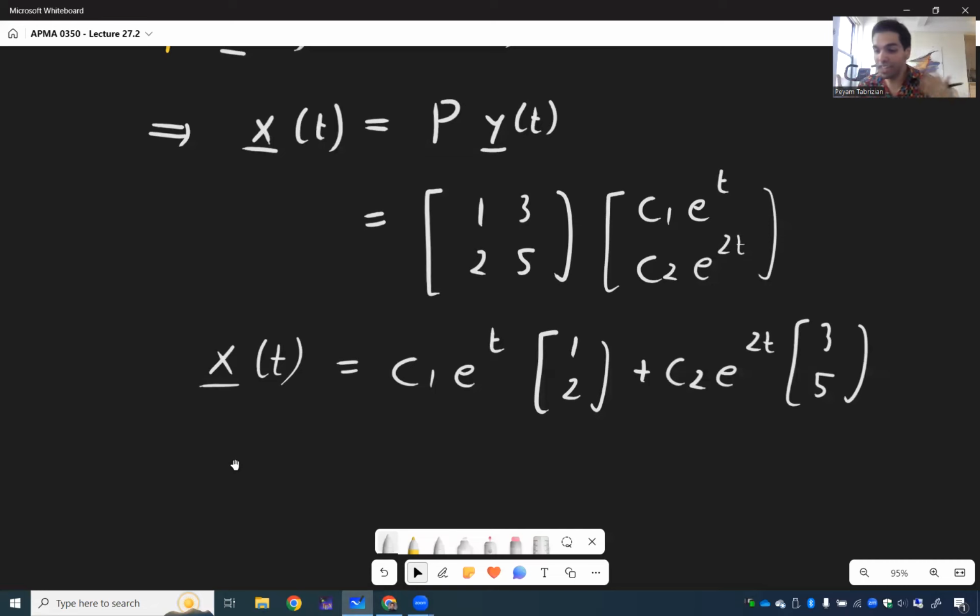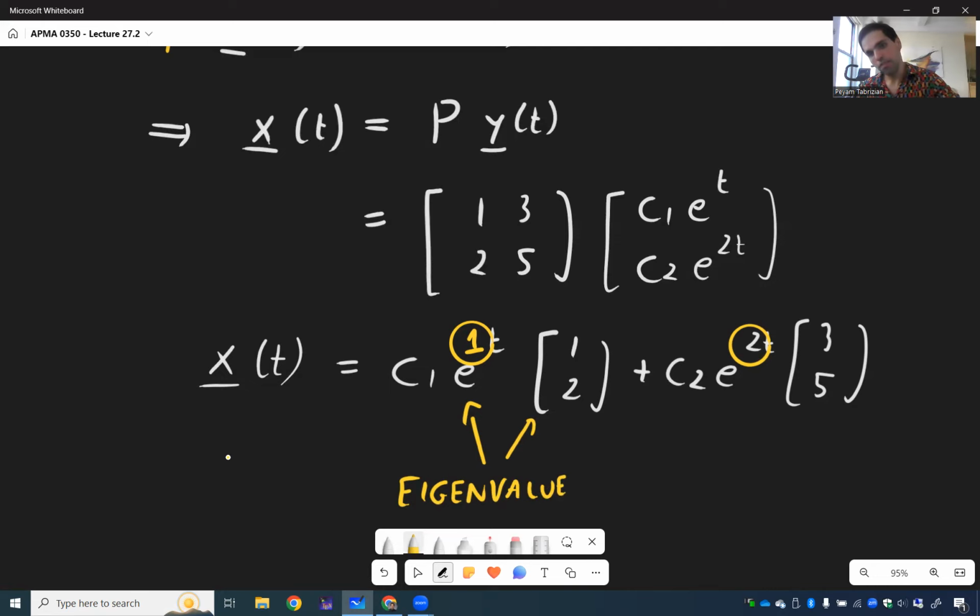So this is really nice for two reasons. First of all, you see where the eigenvalues and eigenvectors come in. The eigenvalues come from this matrix D, and the eigenvectors come from the matrix P. So once again, eigenvalue, eigenvector.